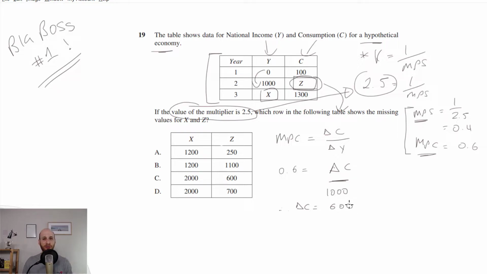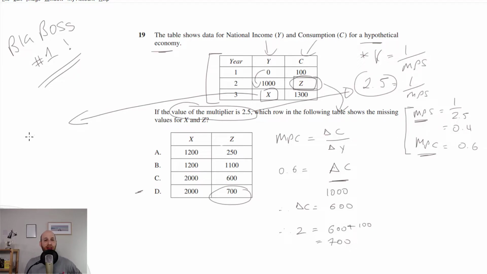So it's going to change by 600. So therefore, Z is going to equal the change plus what it was. So Z is going to equal 700. So what we're going to do, you can come over here.